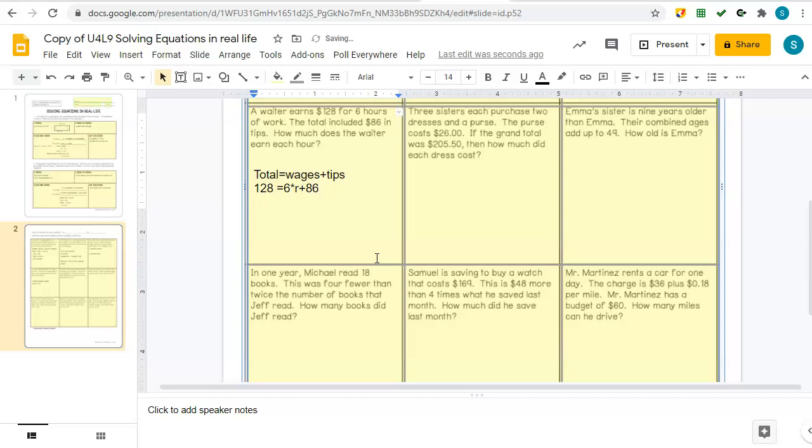This was the money that he earned just for being there and doing his job, and then these are the extra money that tips gave him. So let's go back and figure out what the rate is. So how do we get rid of a plus 86? We subtract 86 from both sides.